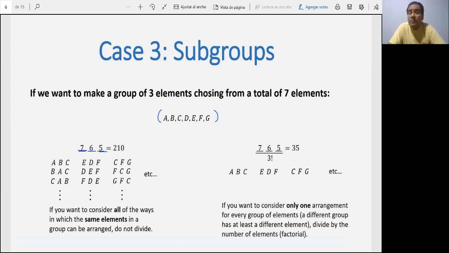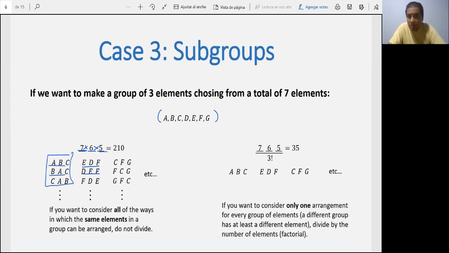After I've chosen one, then I can pick the next from the remaining 6, and so on. I have 5 to pick from in the third position. The product of this is 210. As you can see, it includes not only trios of 3 different letters, but also trios where the same 3 letters are arranged in some other way.